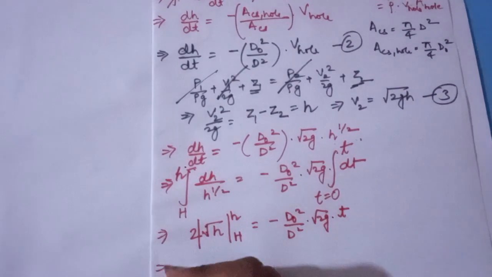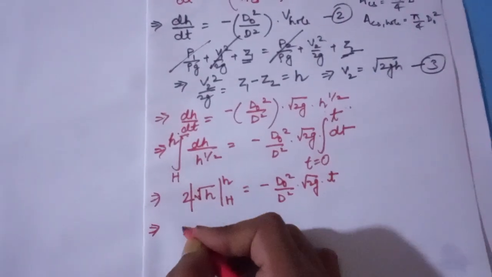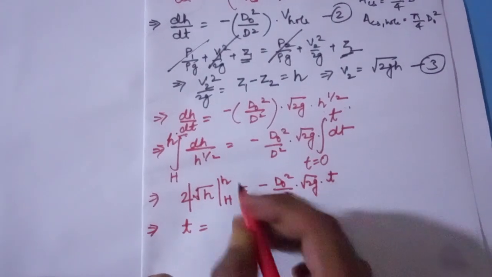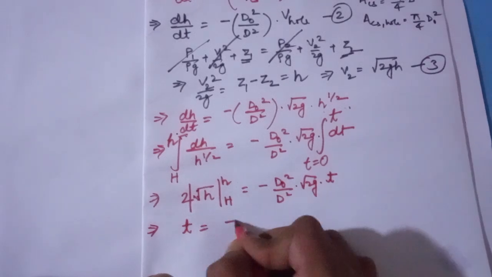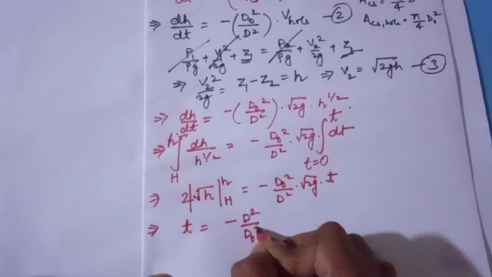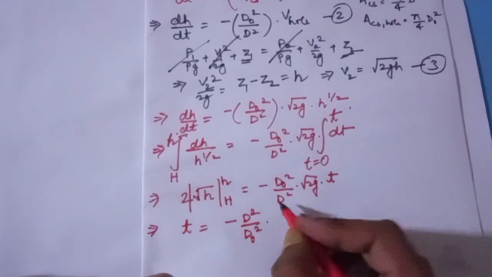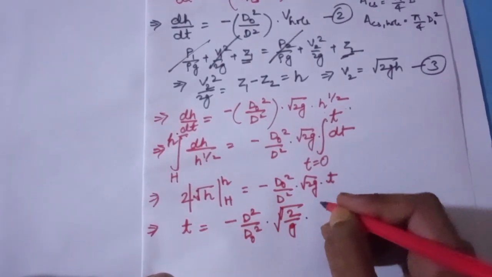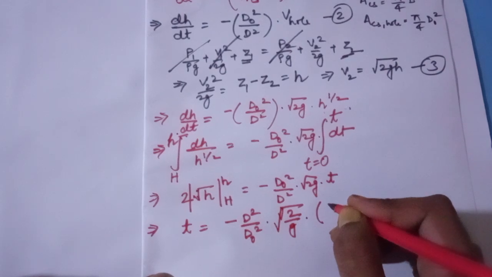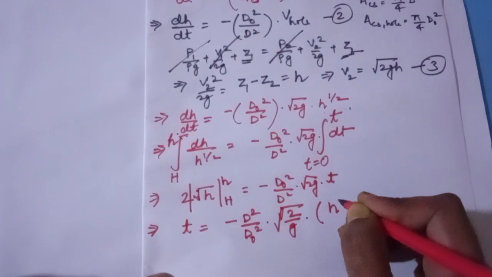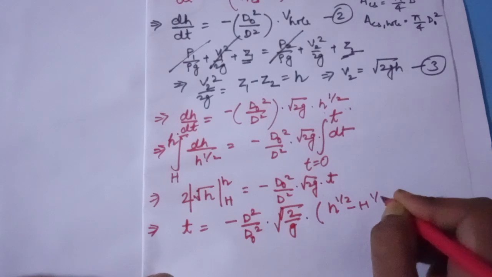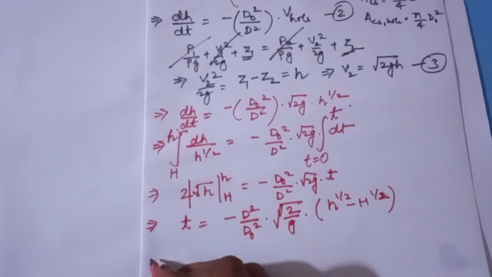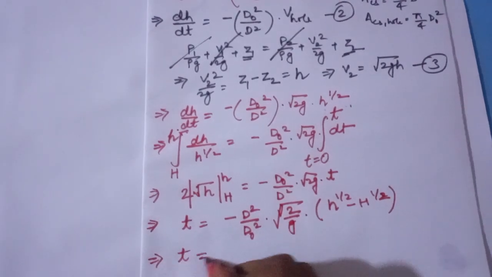If we simplify it further, we'll get t equal to, the minus will go to that side, d square by d naught square into 1 by root 2g into h to the power of 1 by 2 minus capital H to the power of 1 by 2. But this equation can be confusing, so let me make it clear.